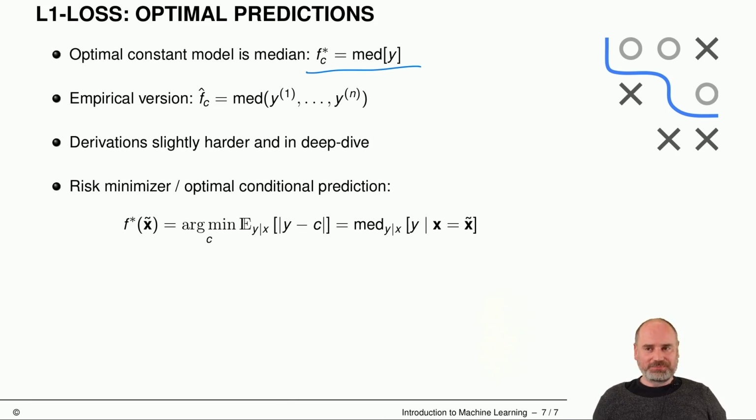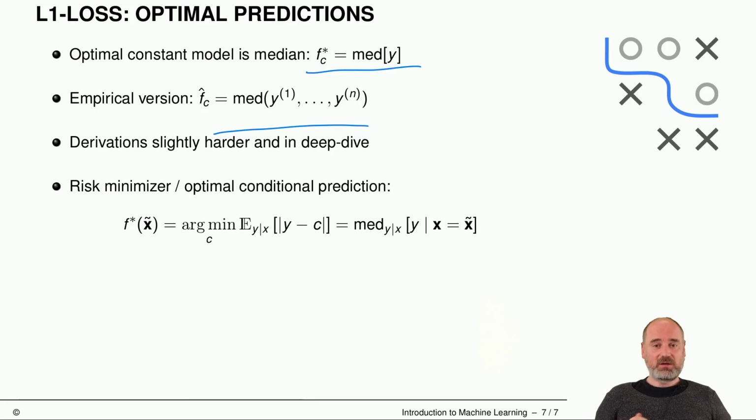Unconditionally, it would be the median of the distribution, and that's exactly the value where 50% of the probability mass is on the left-hand side and 50% is on the right-hand side. I guess you will know what the median is. There is again an empirical version of this, which is now the median of the data, of the labels you have seen, of the label vector.